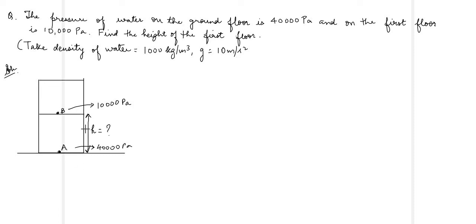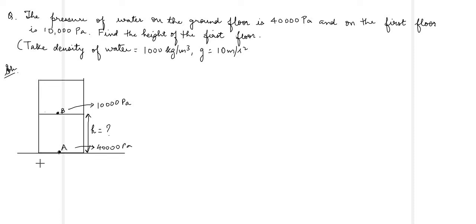So this height is basically the difference of the height from the ground and the first floor. At ground floor the height is 0, and at point B, which is at the first floor, the height is h. So h is basically the difference of heights between the ground floor and the first floor. So I have to find out the difference of the heights. In fact, this is the actual thing, isn't it? The height of point A is 0 and the height of point B is h. So actually I have to find out what is the difference, that is h.